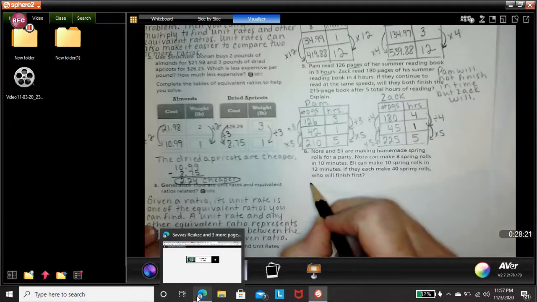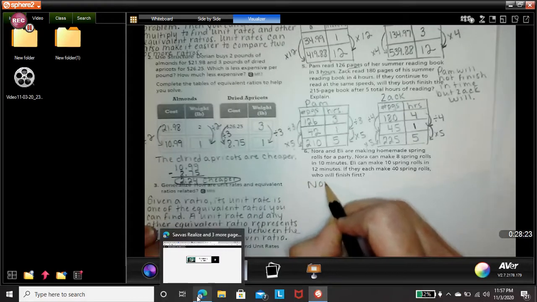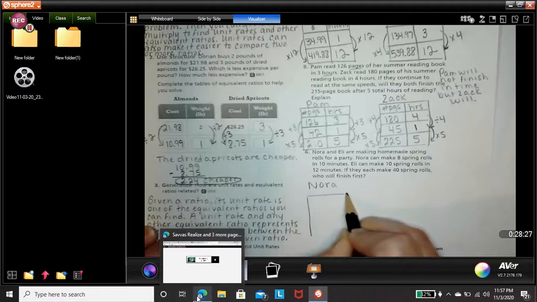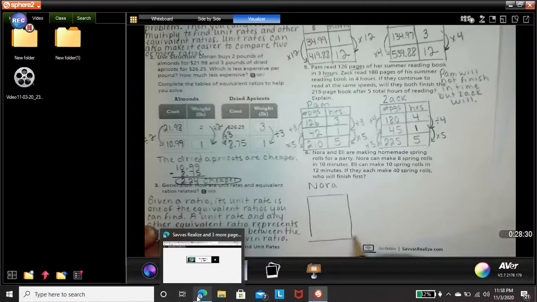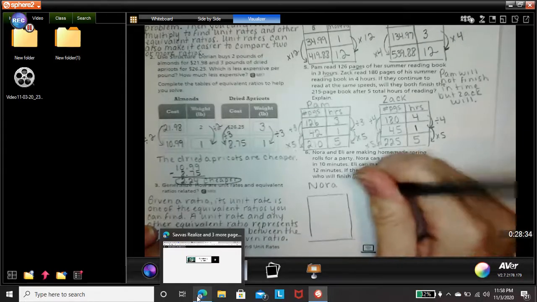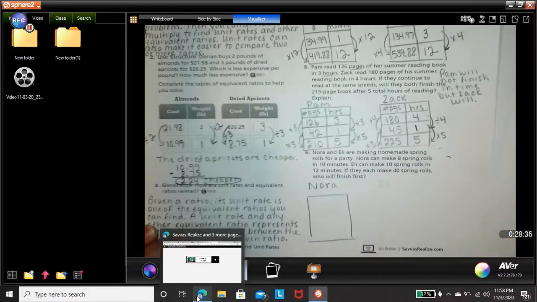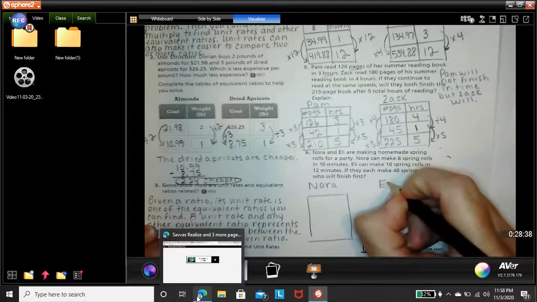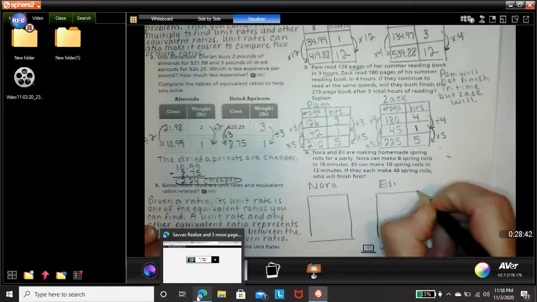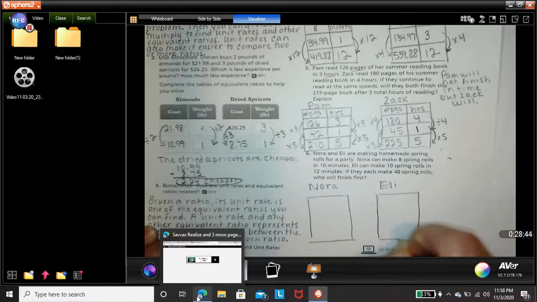Just start by organizing your space. You're going to need a table for Nora, and you're going to need a table for Eli. All right, you may begin.